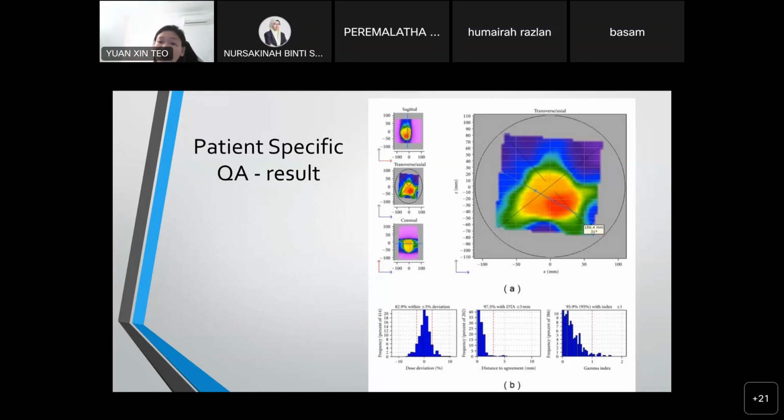So it's 5% of all these DTA and gamma index. Let's say if you get 94%, you can't say it's only 1%, never mind. No, you can't. So you need to go and find out why the 1% failed.